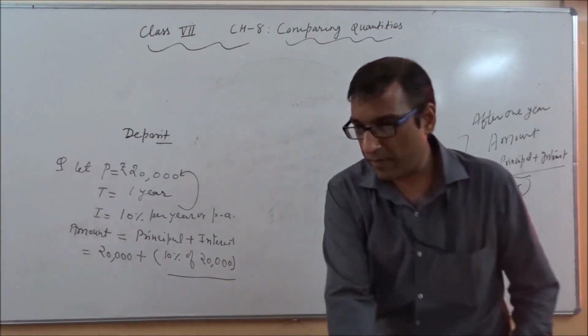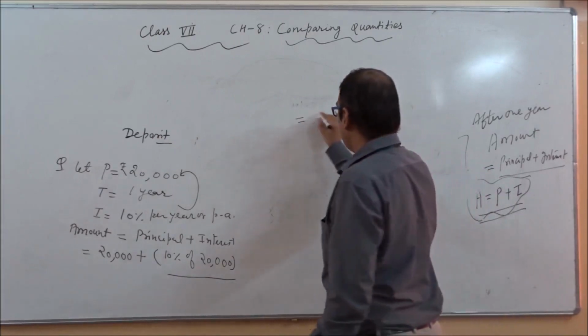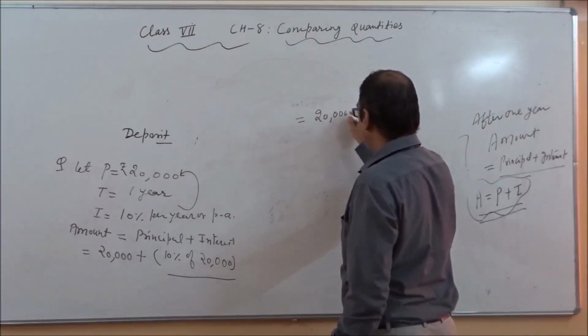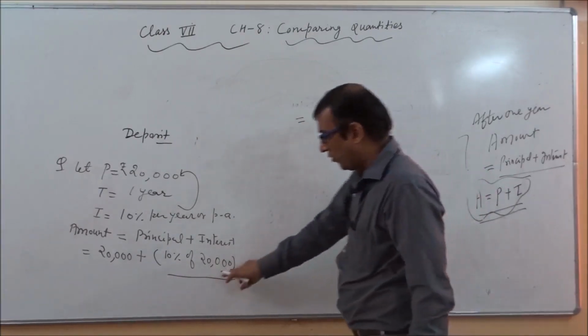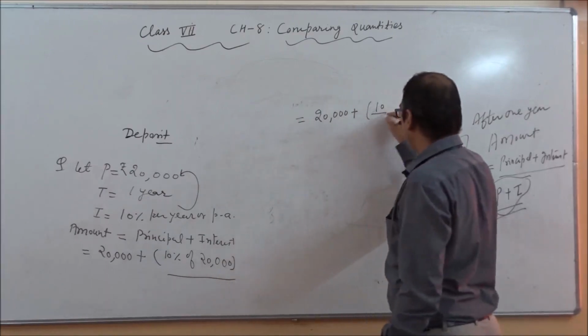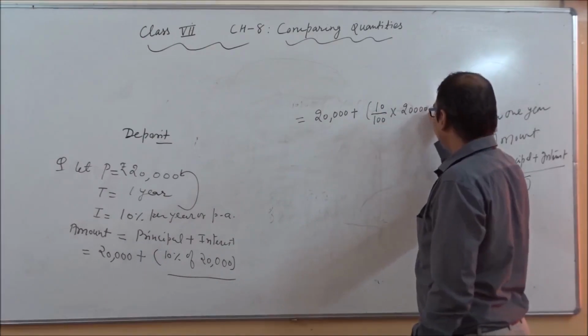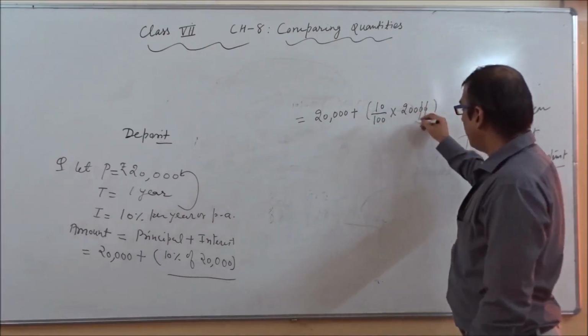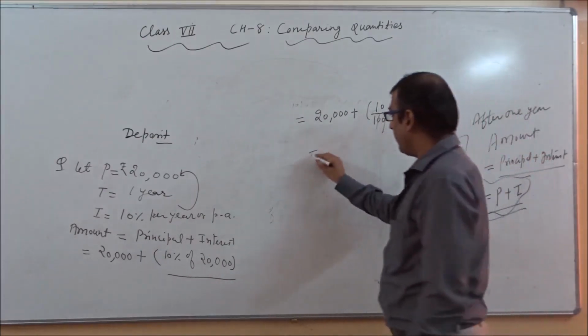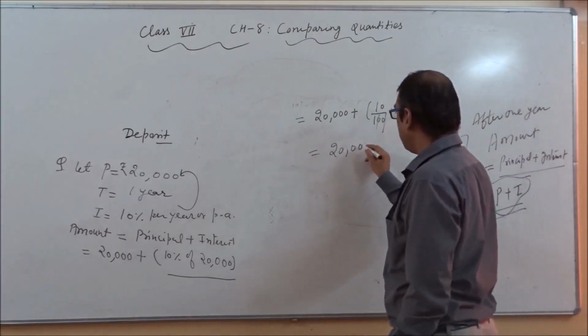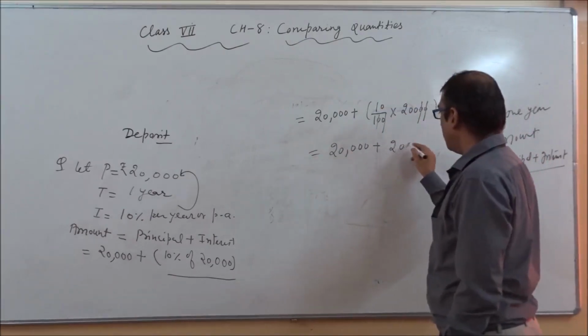the value of amount will be 20,000, that is the principal amount as it is, plus, when we solve this, 10 upon 100 of, means multiply, 20,000. A simple calculation we will do here. It means we will get 20,000 plus 2,000.